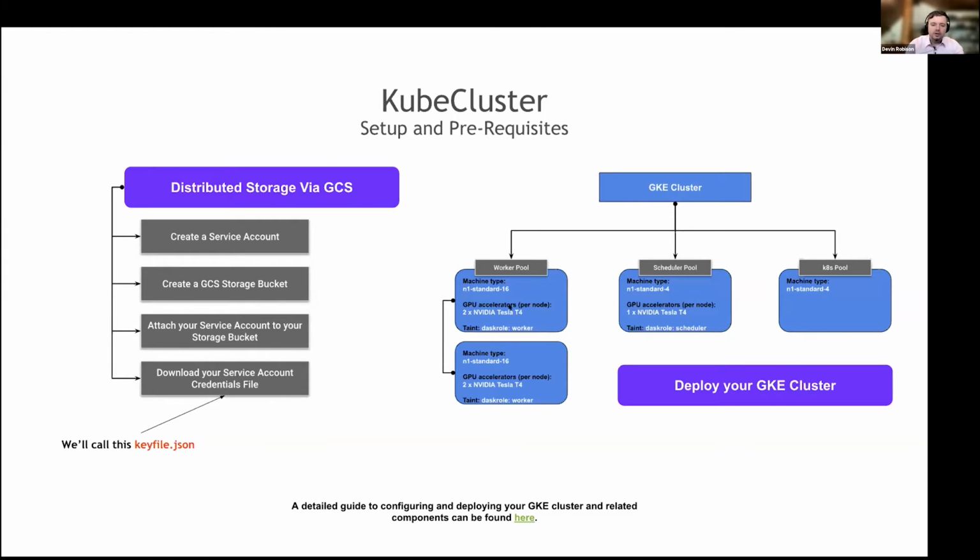So in this case, we're going to create a worker pool that consists of 2 nodes. Each node is going to have 16 CPUs and 2 T4 GPUs. And then a scheduler pool that has 4 CPUs and again, a T4 GPU, and then just a 4 CPU node for all of the additional Kubernetes processes. And then we go ahead and deploy our cluster.